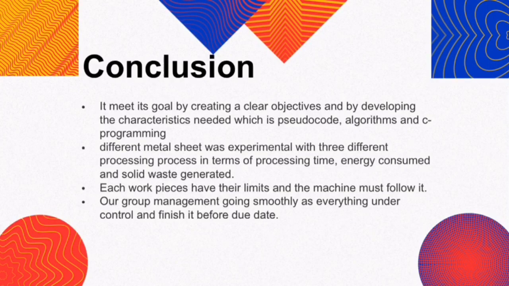For the conclusion, it meets its goal by creating a clear objective and by developing the characteristics needed with the pseudocode algorithm and C programming. Different metal sheets were experimented on by the machine with three different processes in terms of processing time, energy consumed, and solid waste generated.